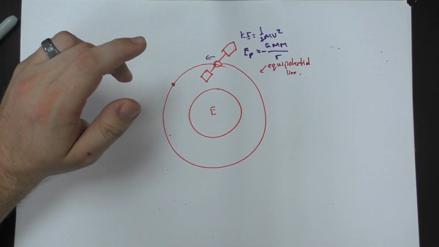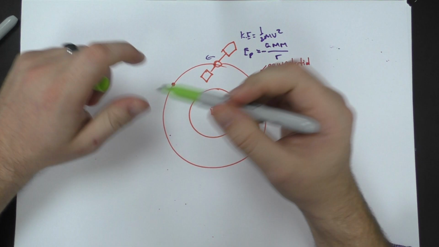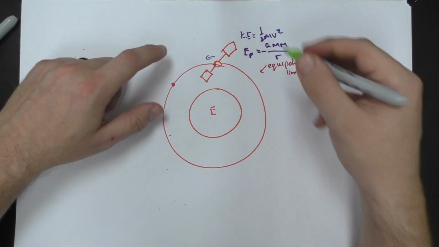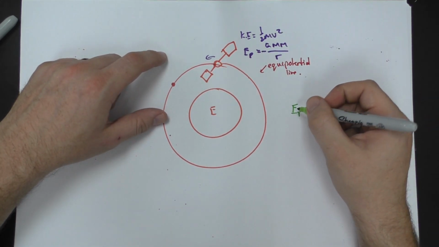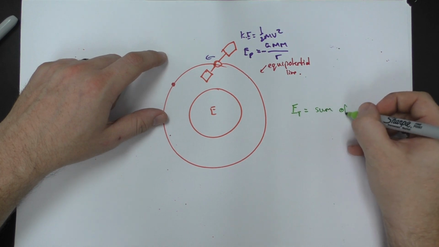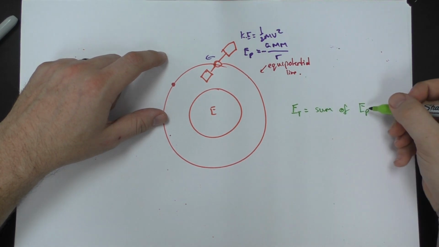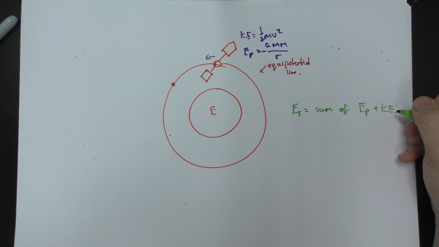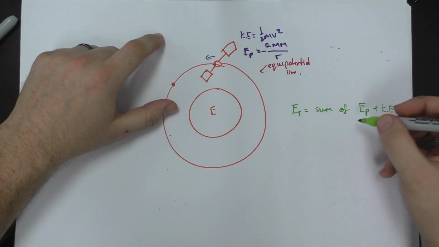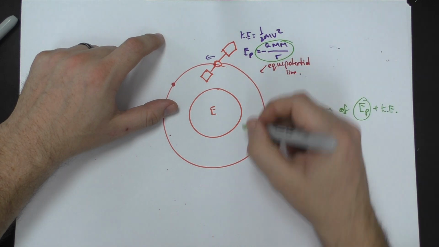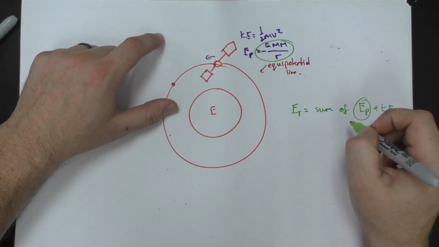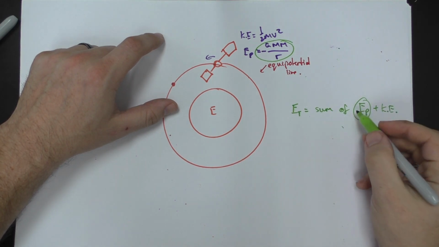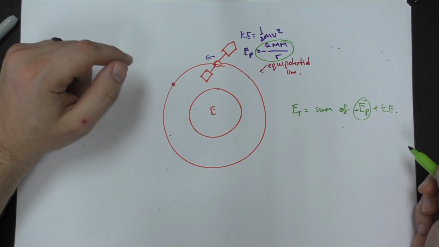Because what you need to be aware of for energy in a satellite or some orbiting object is that the total energy is made up of the sum of potential energy and kinetic. Now, I will draw your attention to something very important here. Look, this is a negative value, okay? So make sure that you treat this as a negative value. So if you're asked to do a sum of this, then this should be a negative value right here.